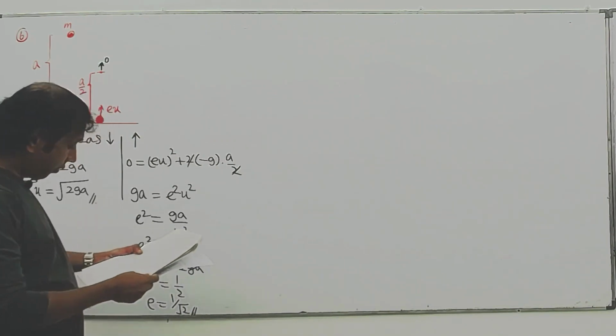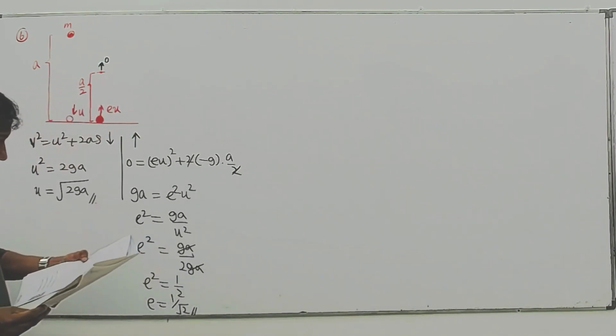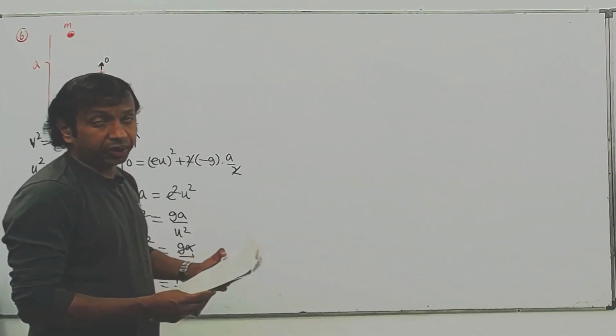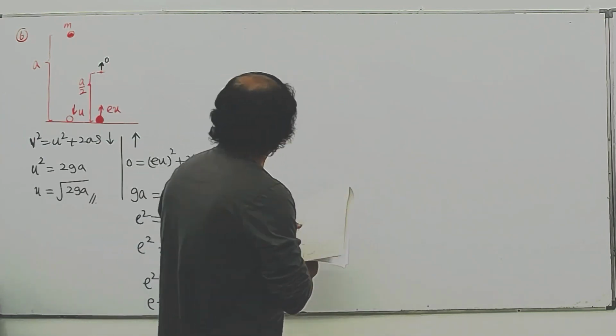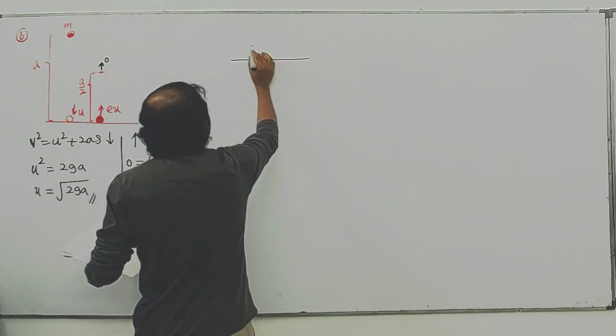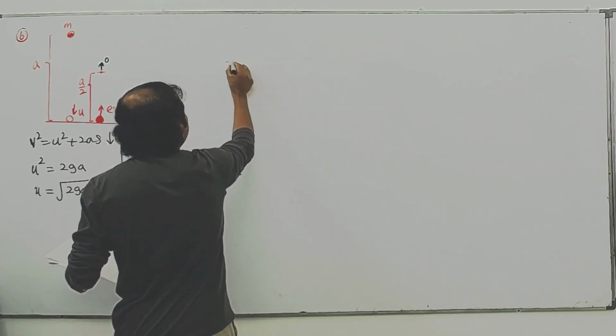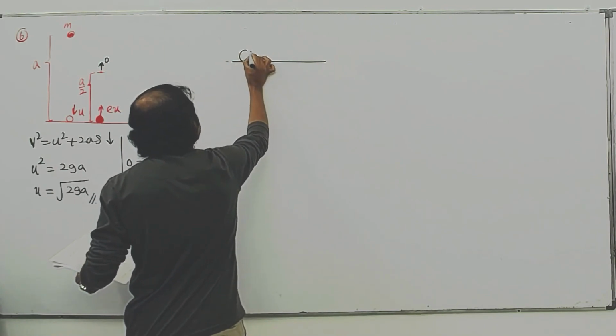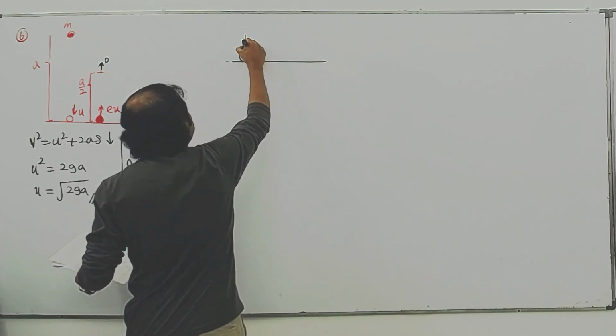The next part asks us to show also the impulsive force at the impact. We'll find that too. First, the particle strikes the plane with velocity u.